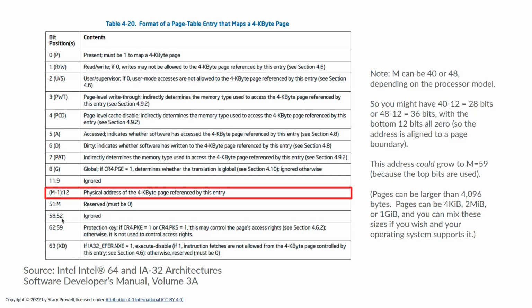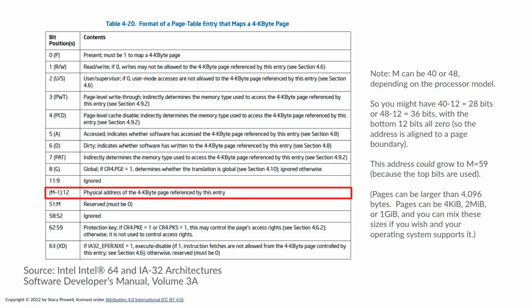So I could have m be fairly large, but I'll never be able to get these last couple because they're used, right? These are used for protection, and these are used for execute controls. This bit's used to execute control. And so there we go. But I have some room for growth in the current architecture.